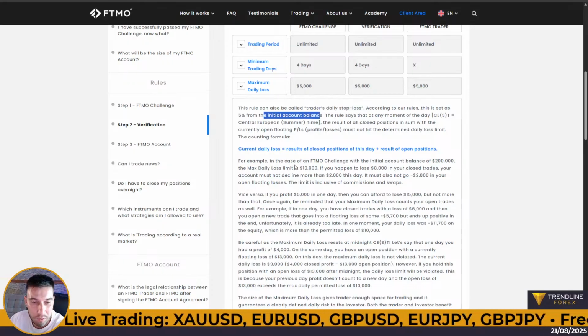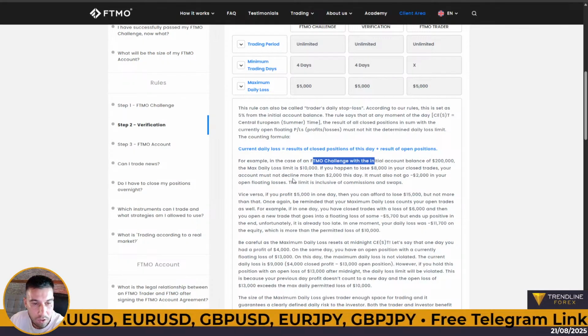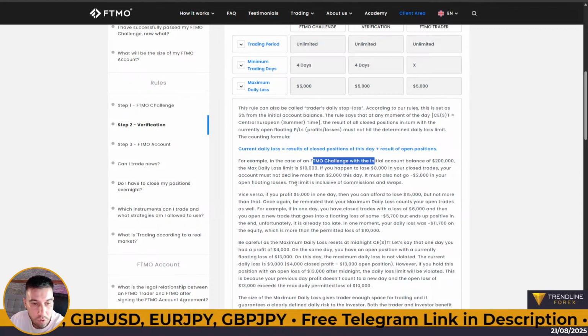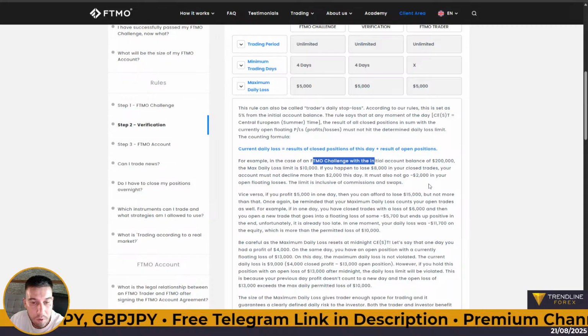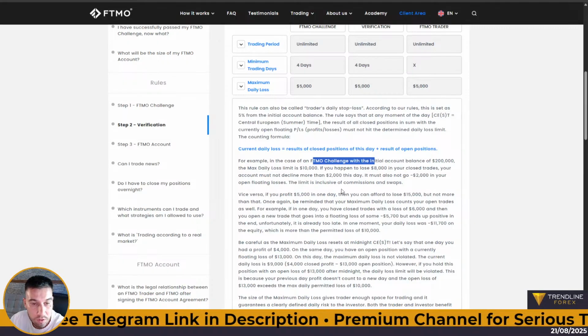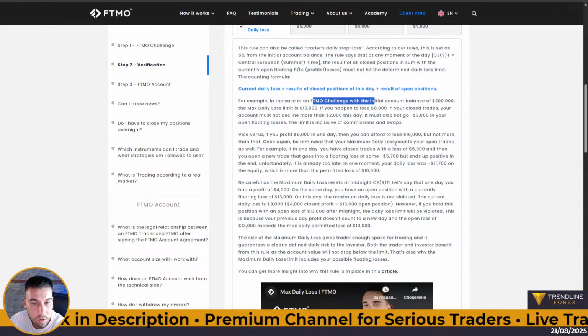For example, in the Jumbo Challenge with an initial account balance of 200,000, the max daily loss limit is 10k. If you happen to lose 8k in your closed trades, your account must not decline more than 2,000 this day. It must also not go negative 2,000 in your open floating losses. The limit is inclusive of commissions. Or vice versa, if you profit 5k in one day, then you can afford to lose 15.